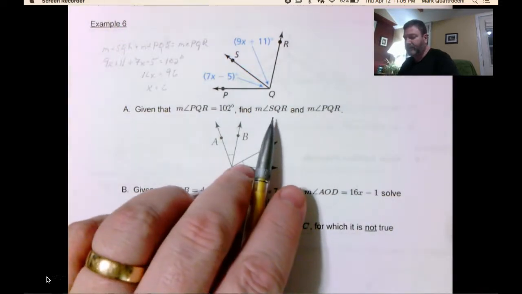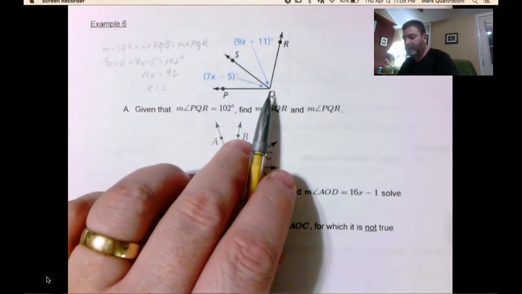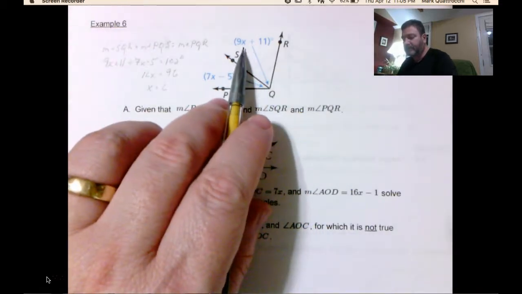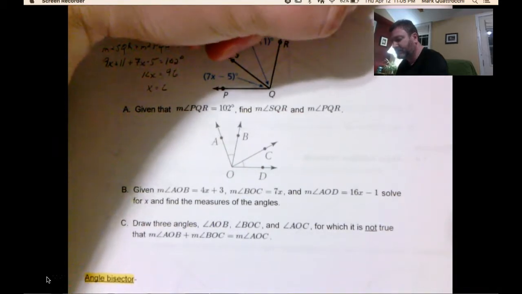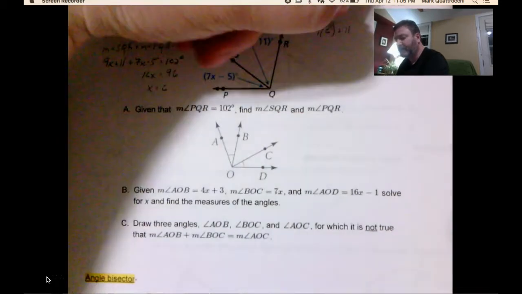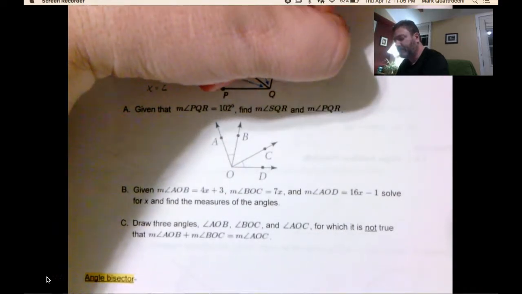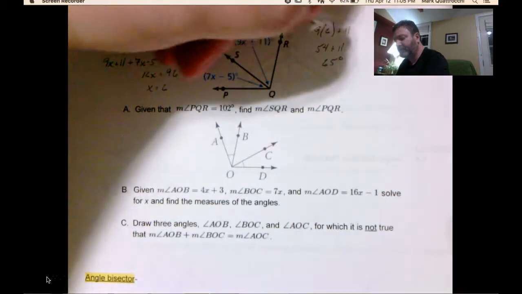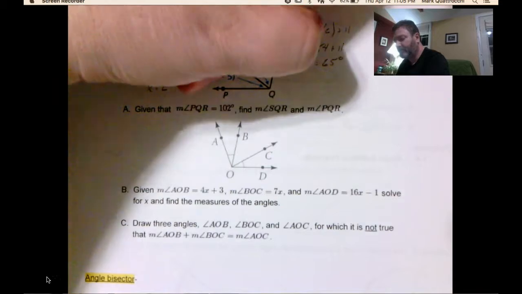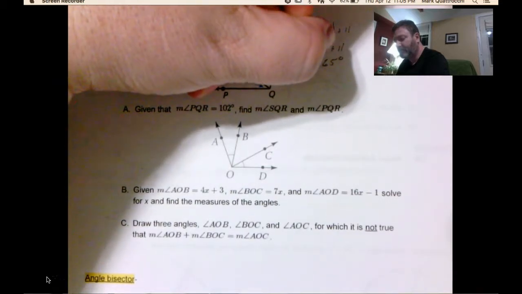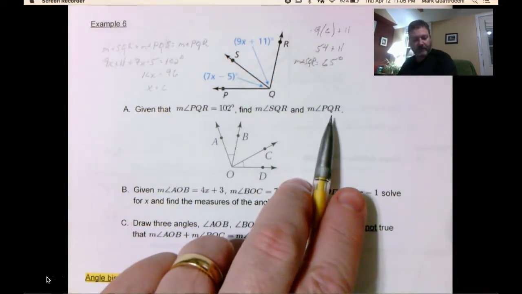And we're going to find the measure of angle SQR, which is 9 times 6 plus 11. 9 times 6 is 54, plus 11, 65 degrees. This is equal to measure of angle SQR. And I know this says here, this is a typo.